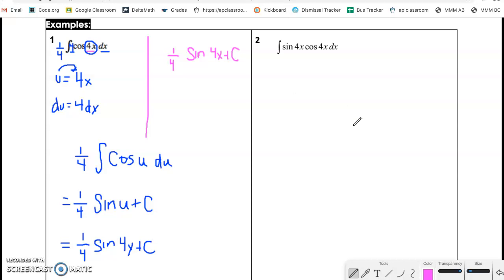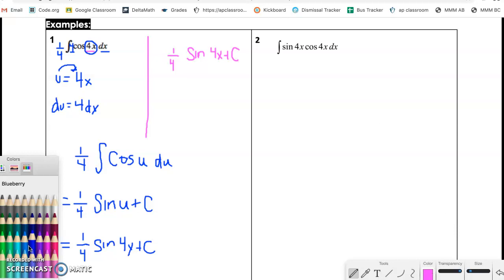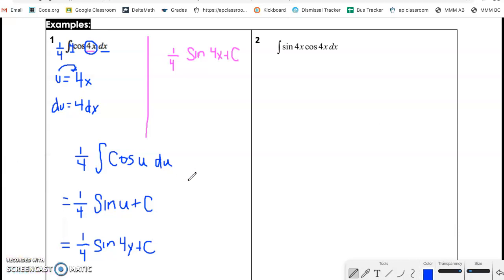All right, let's look at number 2. Number 2 is a little bit complicated. We could say there's this inside function, and we substitute u in, but we still have sine times cosine. Sine times cosine is a problem because we haven't learned how to undo multiplying expressions. So I want to ask, is there an expression that's the derivative of the other? Is sine the derivative of cosine, or is cosine the derivative of sine?